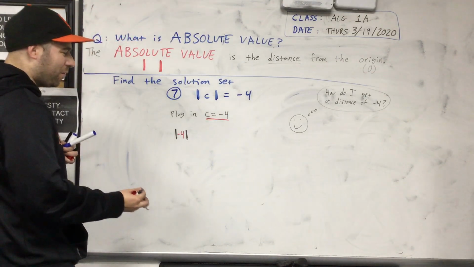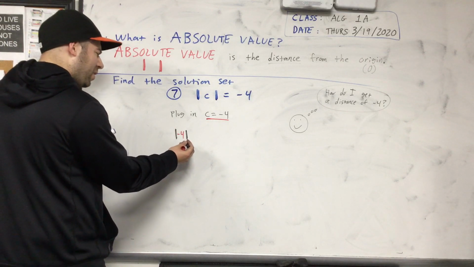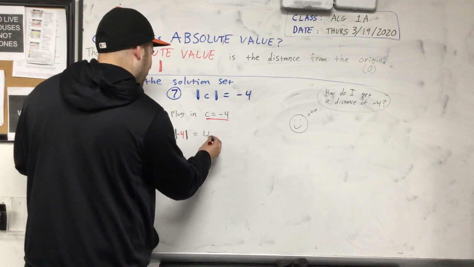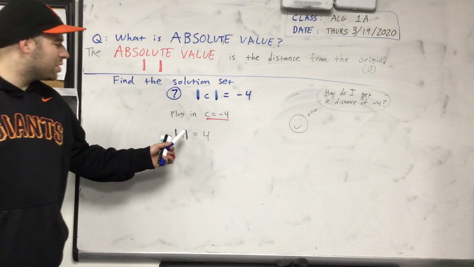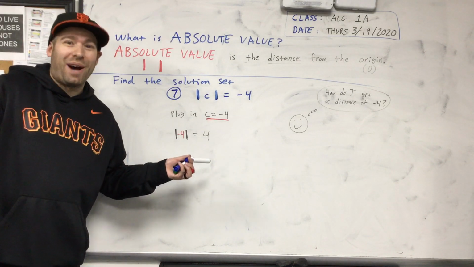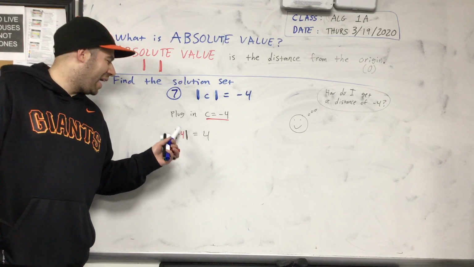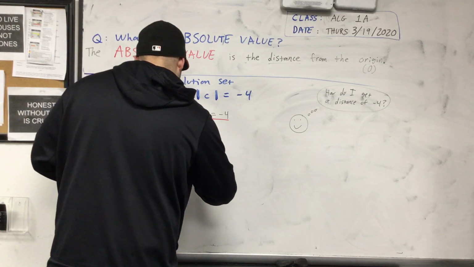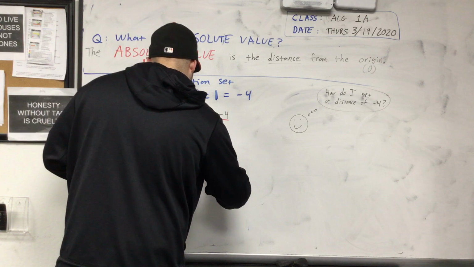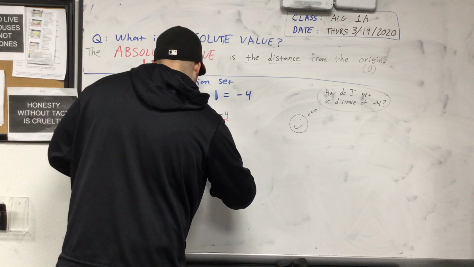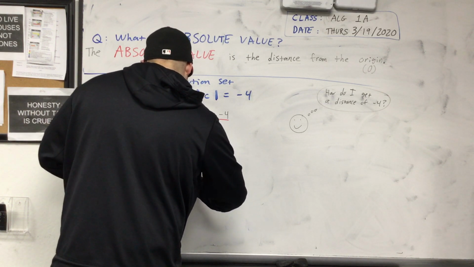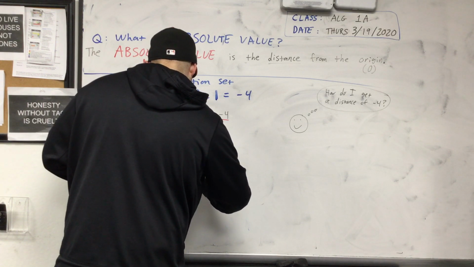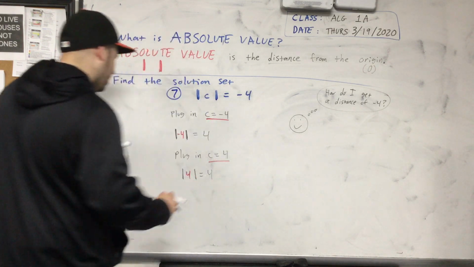Hopefully that's going to get me negative 4. But the absolute value of negative 4 is 4 based on our agreement that we always measure backwards still in positive distance. So the absolute value of negative 4 is still 4, but it couldn't hurt to plug in C equals 4 itself. Plug in C equals positive 4. The absolute value of 4 is also 4.